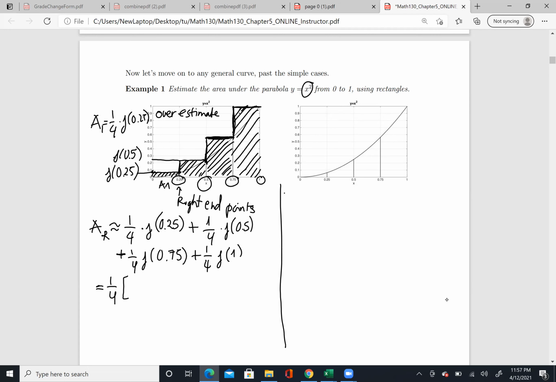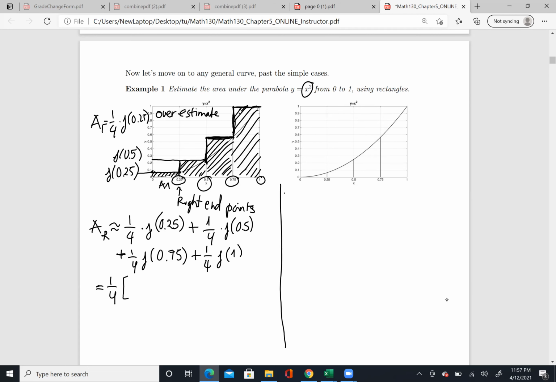And then keep going with the next rectangle, 1/4 times f of 0.5, and plus 1/4 with f of 0.75 for the last one.